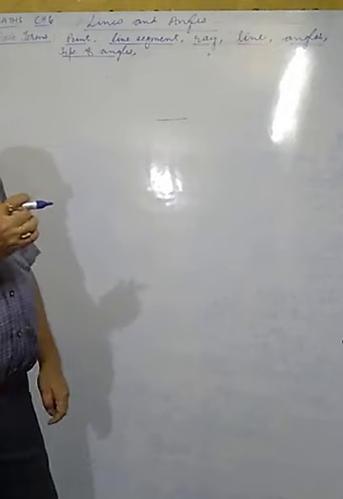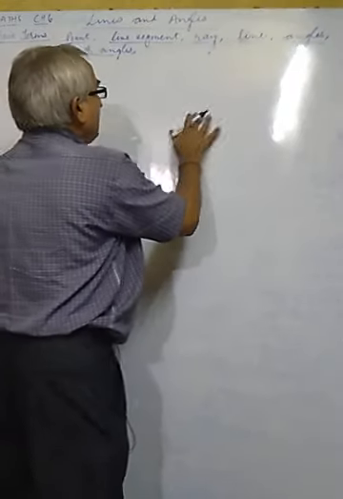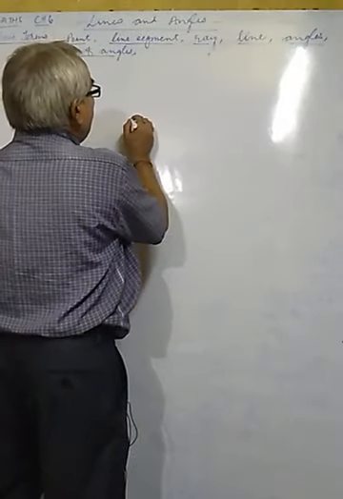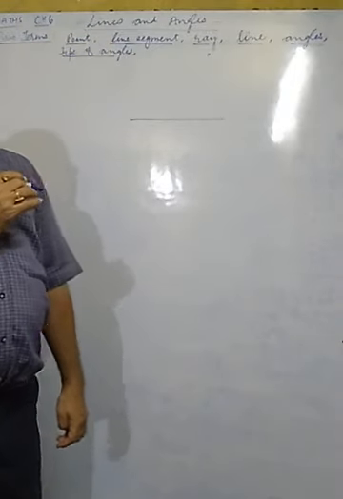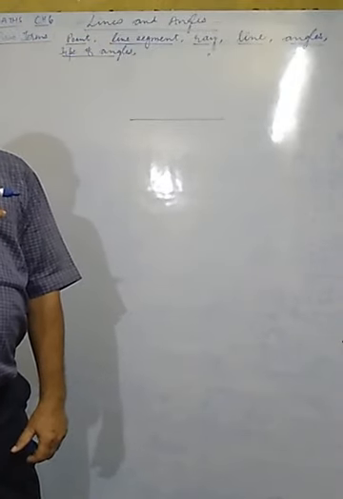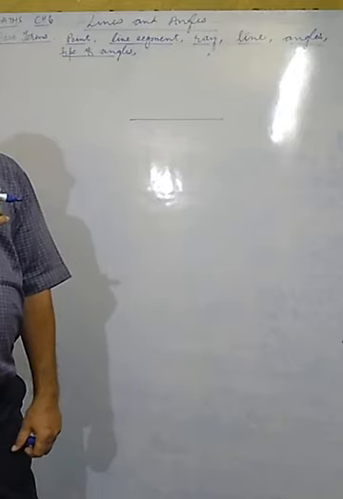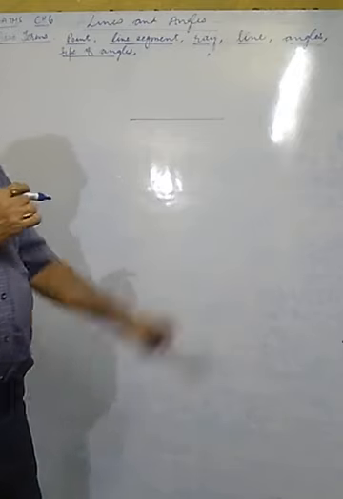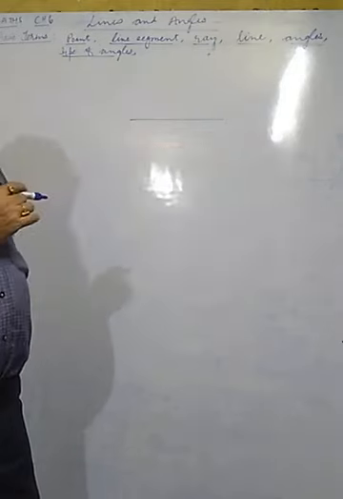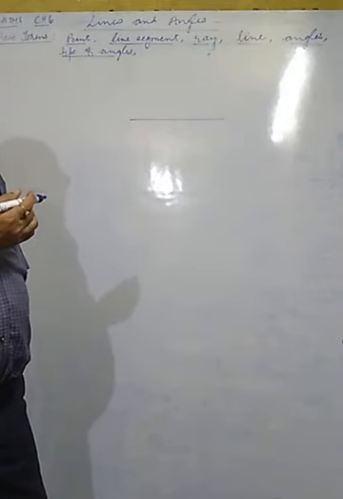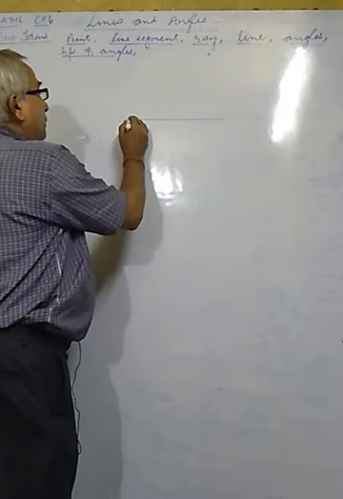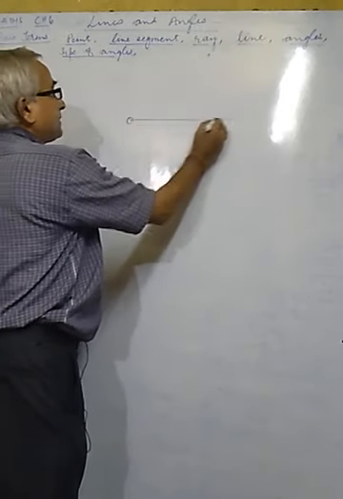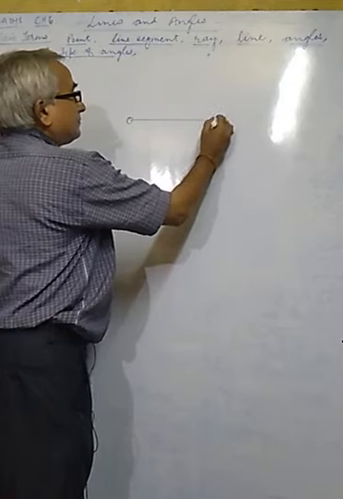In other words also, a broken line, meaning part of a line, or a terminated line, is known as a line segment. How to represent this line segment? How to name this? Try to follow. One end point is here and the second end point is here.